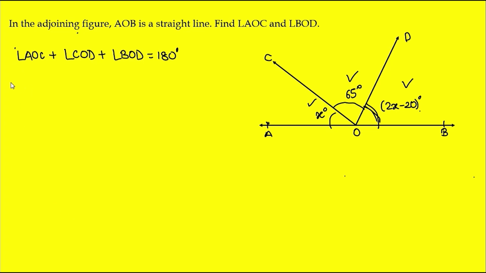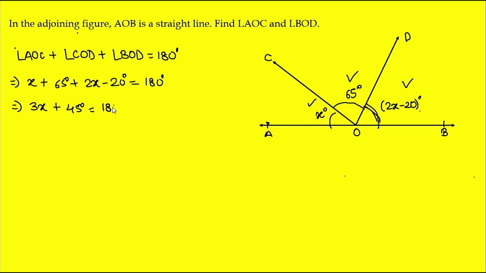Angle AOC is already given to you, that is x, plus COD is 65 degrees, and angle BOD is 2x minus 20 degrees. So these are the information given in this question. So x plus 2x will give you 3x, and 65 minus 20 degrees will give you 45 degrees.